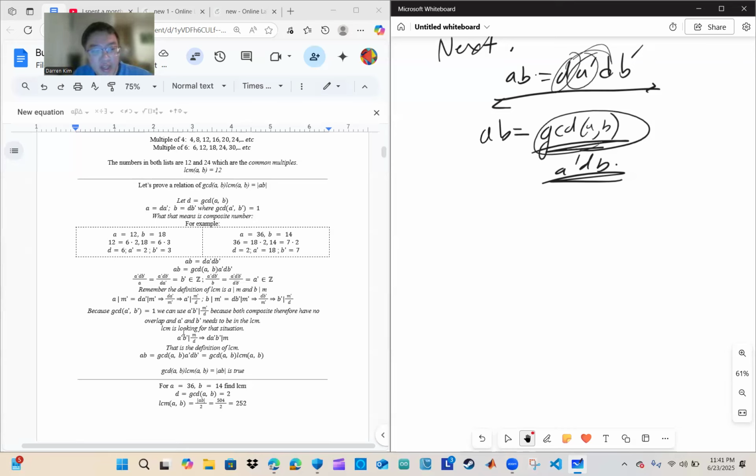Now, I'm going to assume A and B are positive, due to GCD(A prime, B prime) equals 1. Okay? We know that's true. But now we have a problem with A prime and d B prime. For that inequality proof to be true, this must equal LCM.